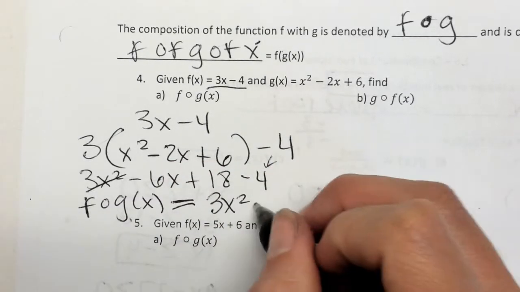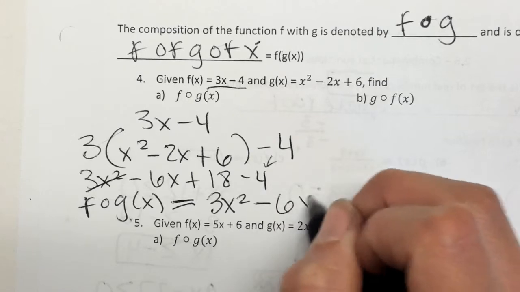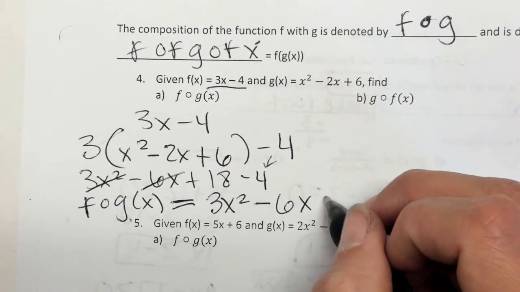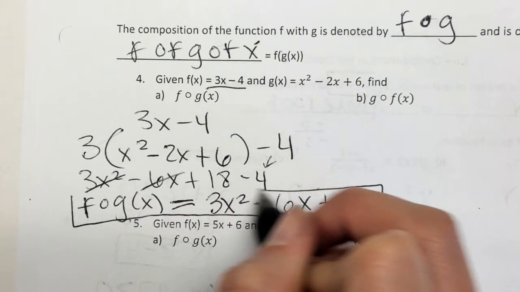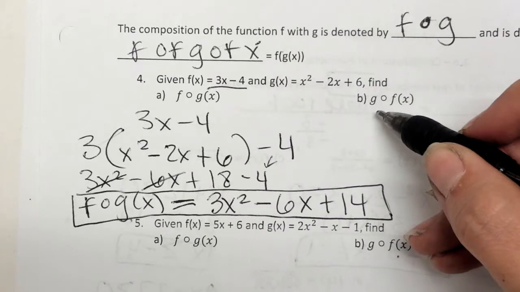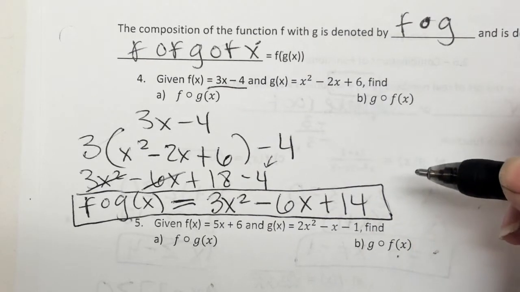Next term. Where'd you get 2x? And last one? That's it. So you always start with the function they give you first, and you plug the second function into it.